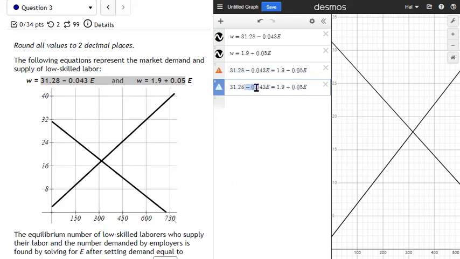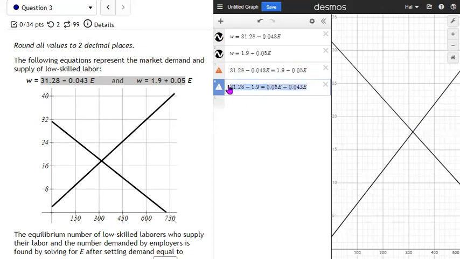I'm going to add this to both sides, and I'm going to subtract that from both sides. I don't have to do the arithmetic yet. I'm adding this quantity to both sides because I want this negative 0.43E, I'm going to add that to positive 0.043E to make that basically zero. So I've got to add it to both sides, and that's exactly what I do there.